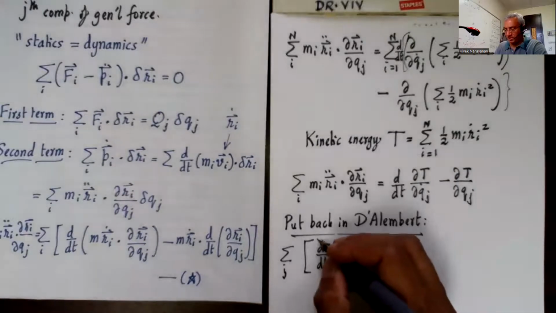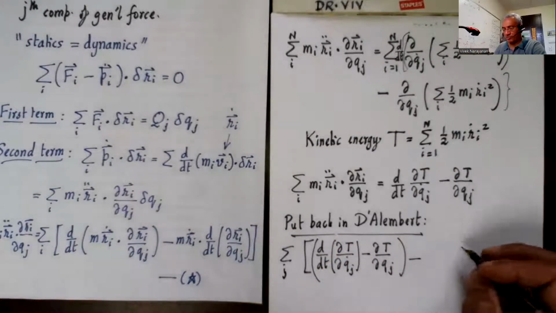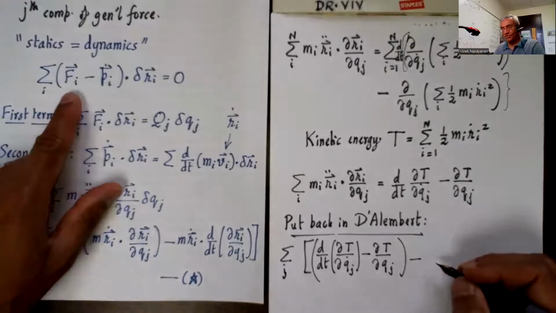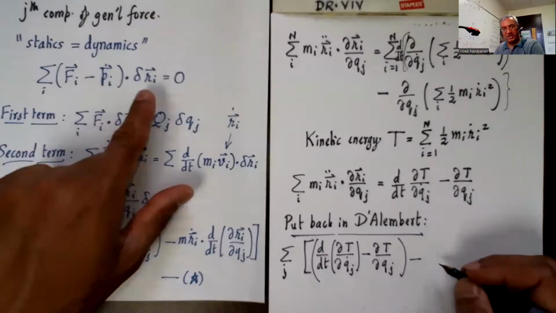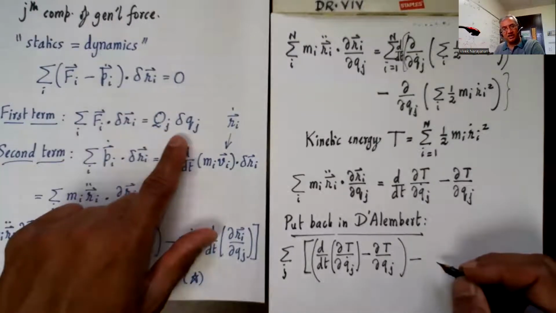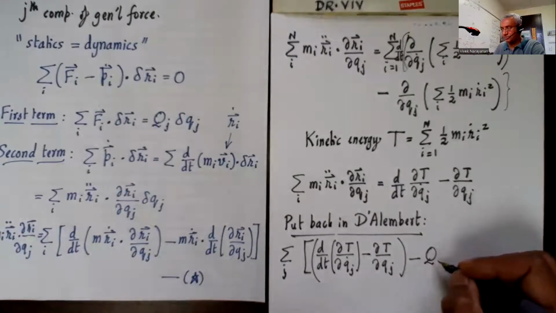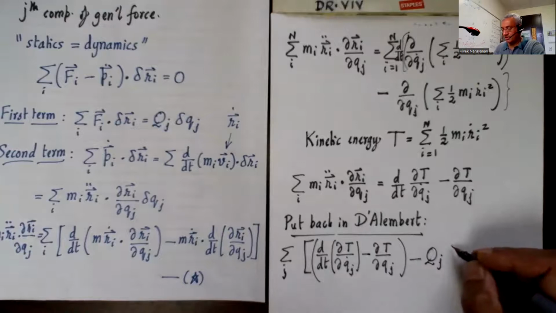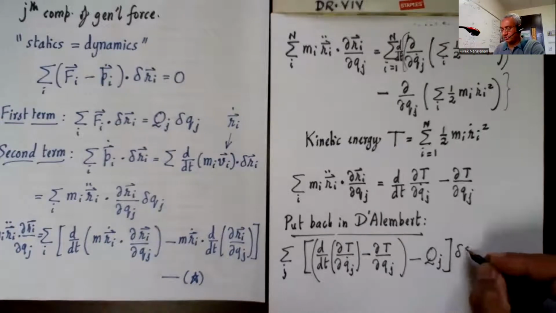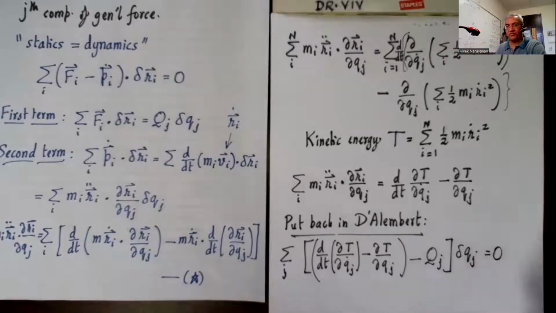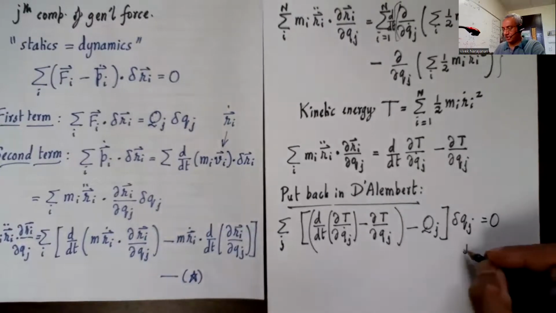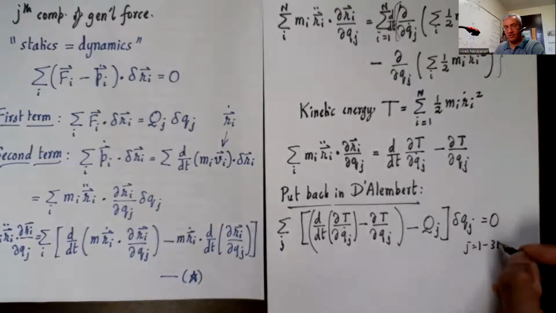Because I wrote the second term first, I have to subtract what F_i is. But F_i dot δr_i is just Q_j δq_j. So that's going to be minus Q_j δq_j equals 0, and that is j equals 1 to 3n minus k.